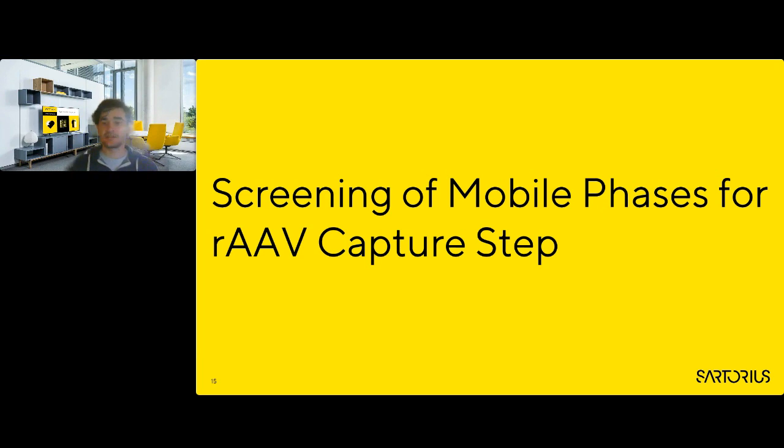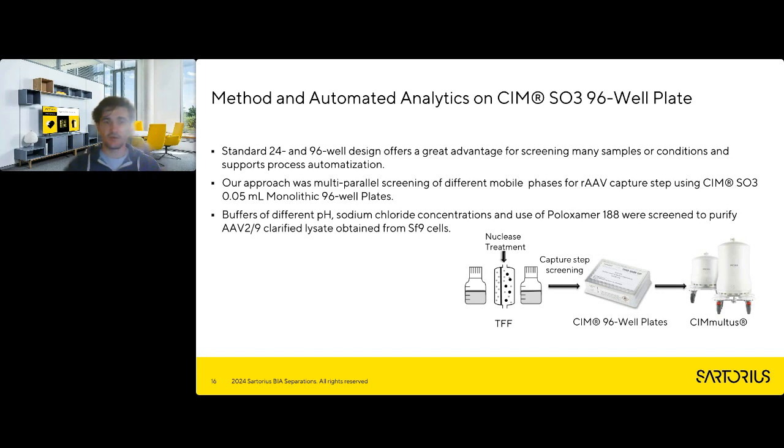So how did we screen different mobile phases for the AAV capture step? We took the 96 well plate to test which would be the best binding condition for our AAV sample.